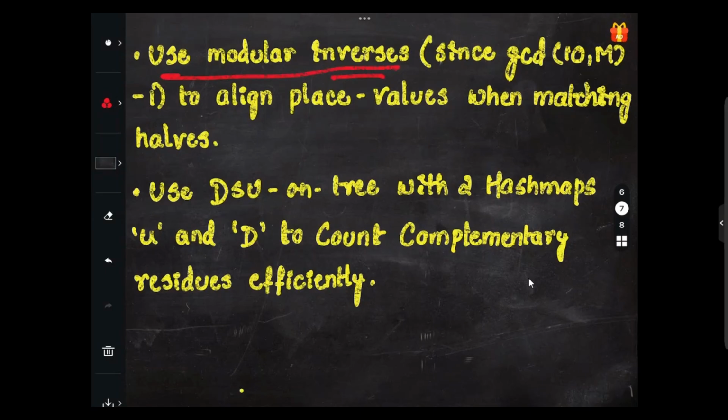Since in the question they have given GCD of 10 comma m is equivalent to 1, to align the place values when matching the halves. So again we'll be going with the modular inverse as well, the number theory basically, and GCD as well.